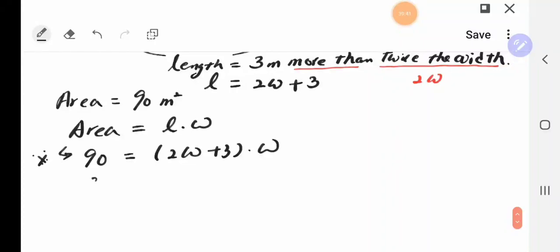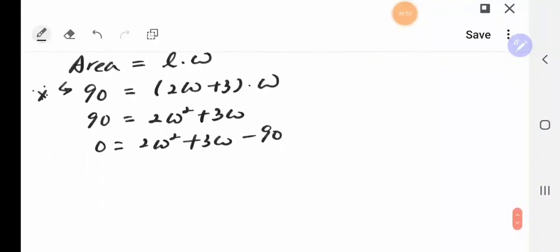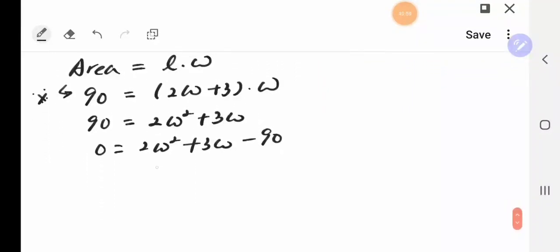So let's simplify this and then factor. Then 2W squared plus 3W, use the distribution, and then move 90 to the other side. 2W squared plus 3W minus 90. Then factor the right side of the equation. So W times 2W.